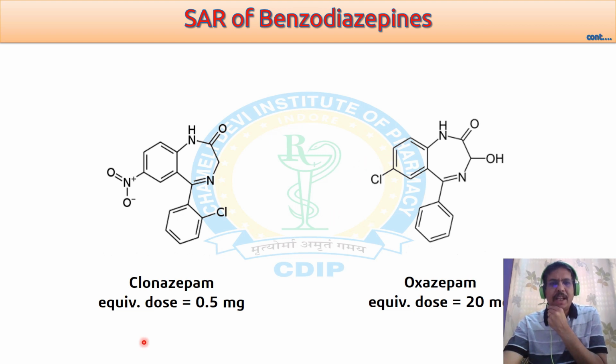But apart from that, they also have different substitutions at different locations. But if you look at the equivalent dose, clonazepam has a much higher potency, that is 0.5 milligram equivalent dose, as compared to oxazepam, that is 20 milligram, which also suggests that the electron withdrawing phenomenon somehow increases the potency of the compounds.